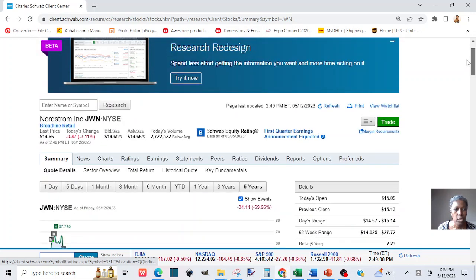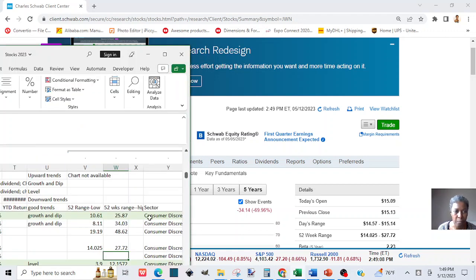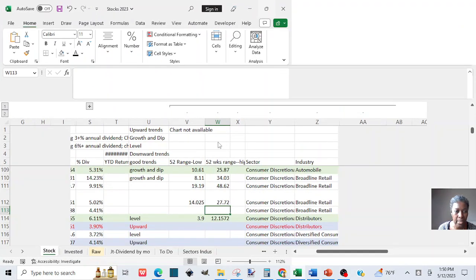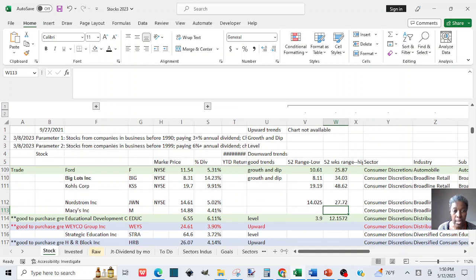Okay, so now that we have Nordstrom, I believe we have Macy's as well, and that's M. So you see how you are doing the batch research.